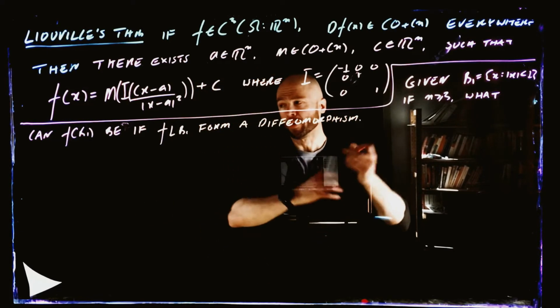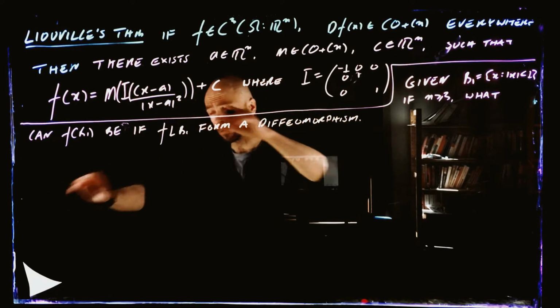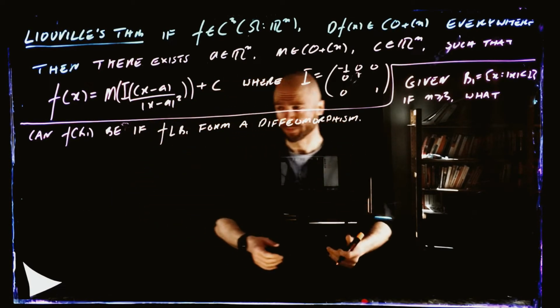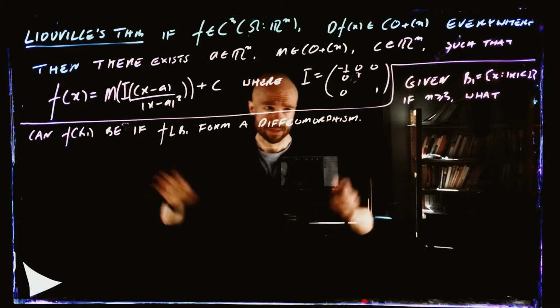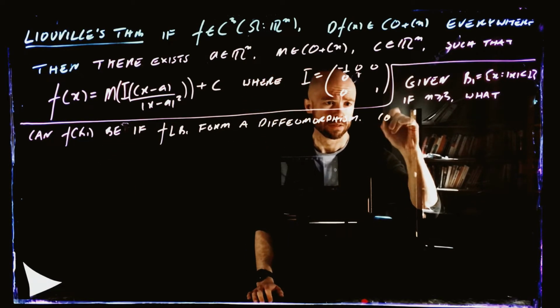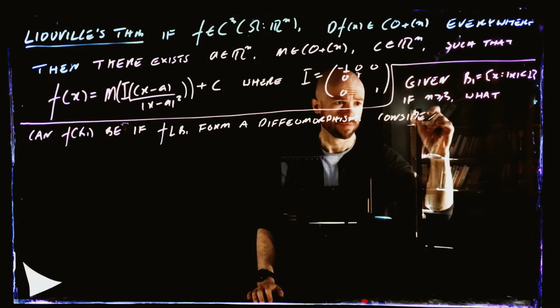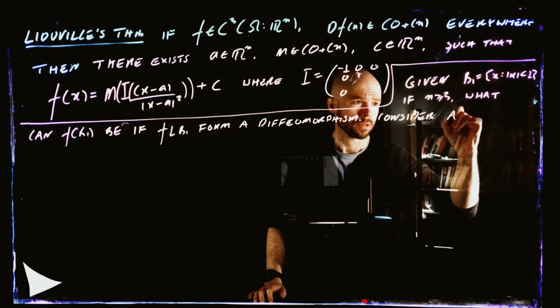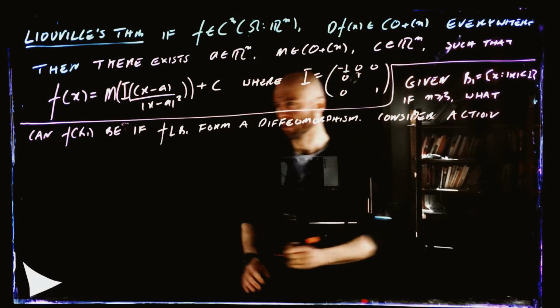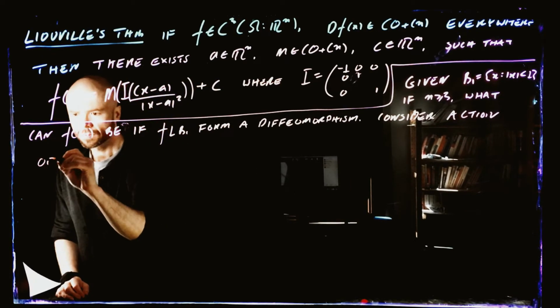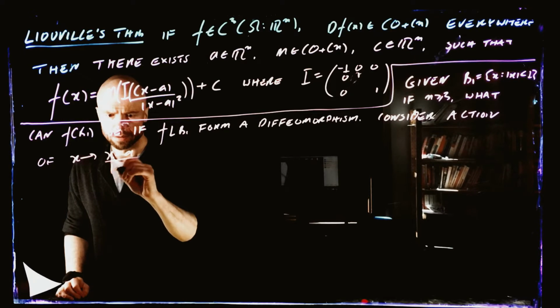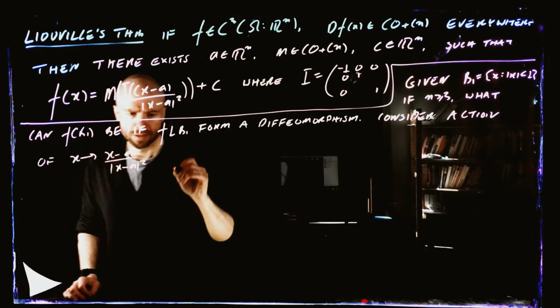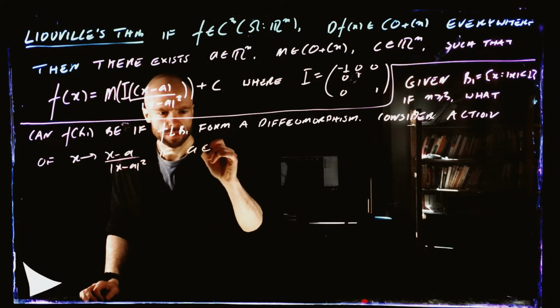And if it's a diffeomorphism, then obviously the inverse is also going to be conformal, just by multivariable calculus. So let's consider the action of x goes to (x minus a) over |x minus a| squared, if a is not inside the ball.